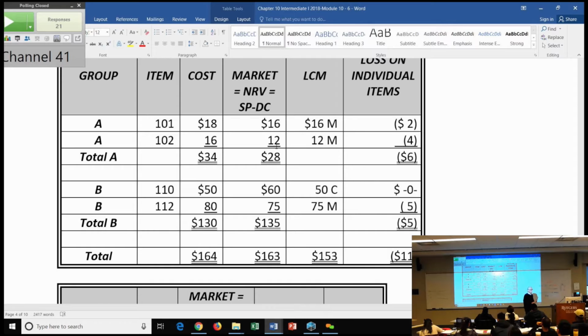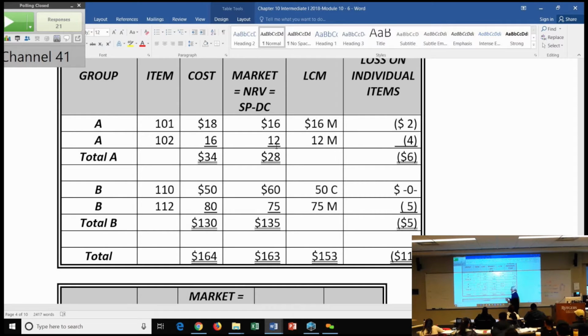What's lower? Market by 1. So you notice by aggregating, it minimizes the loss. So is ConocoPhillips doing this because their products are homogeneous and it makes sense to do it? Or do they know, like everybody else, that by aggregating, you minimize the write-down? So that's what you have to think about. Again, thinking about that income smoothing, earnings management issue.